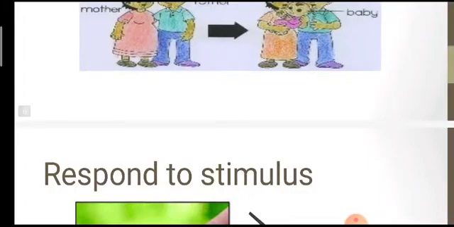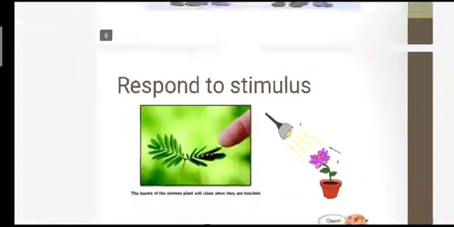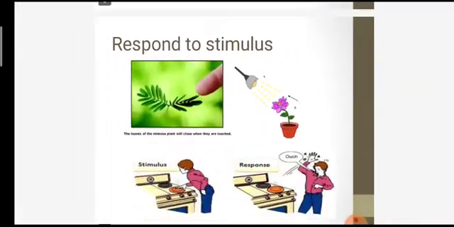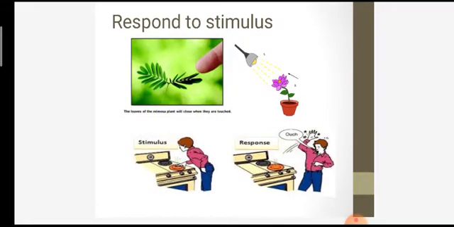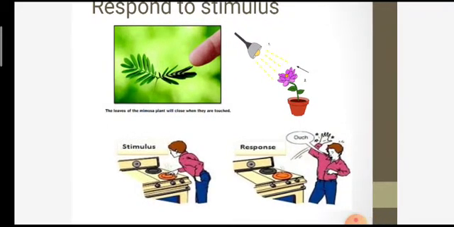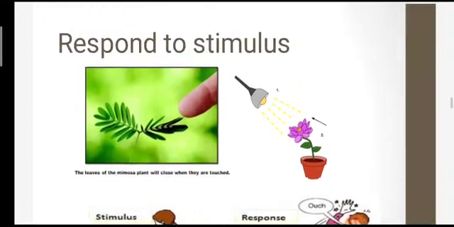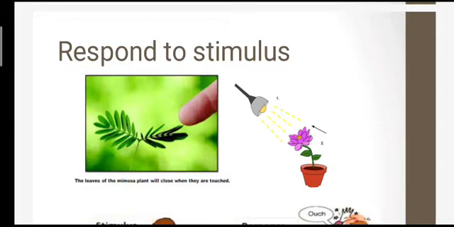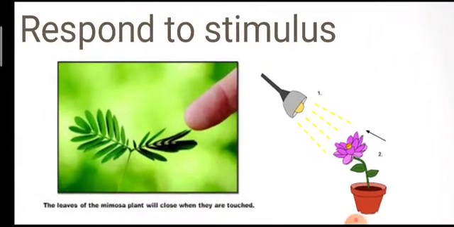Then we will go for the next important characteristic, that is respond to stimulus. Can you see this picture, students? In this first picture you can see one plant. This plant is called touch me not. If we touch this plant, what happens?